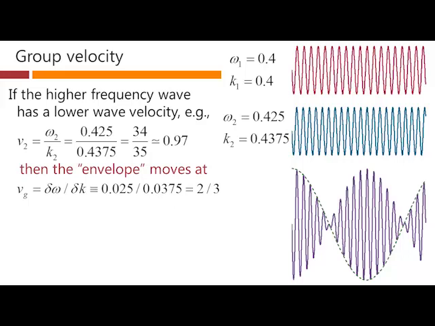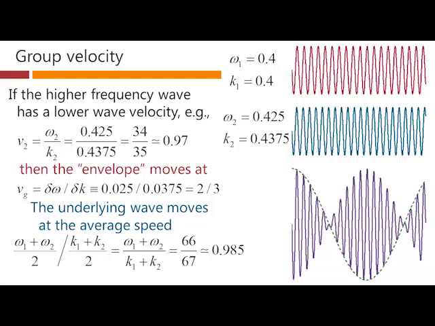Actually, the difference between this frequency and that one is 2 delta omega in our algebra, and the difference between this k vector and that one is 2 delta k. So this is really 2 delta omega over 2 delta k, but the 2's cancel. So this is the ratio of delta omega over delta k is 0.025 over 0.0375, and that is 2/3. So our group velocity is 2/3.